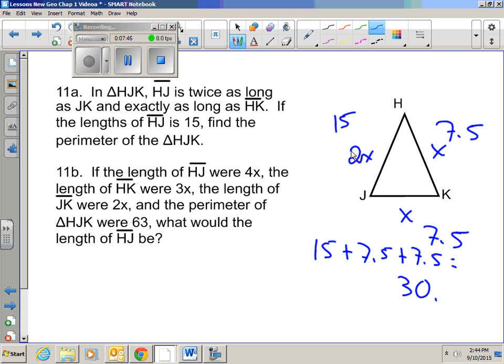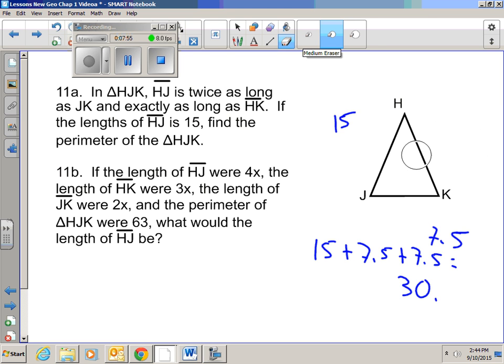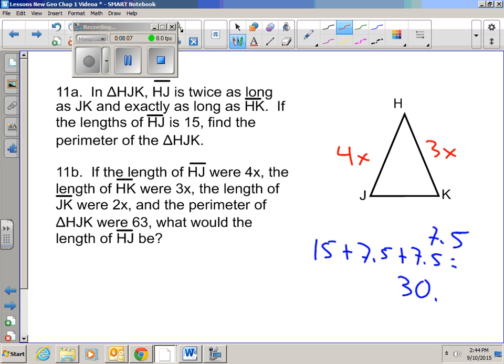Okay, let's switch colors. And let's try the second one. If the length of HJ were 4x, so I'm going to do some erasing, HJ is 4x, and the length of HK is 3x, and the length of JK were 2x, and the perimeter is 63.